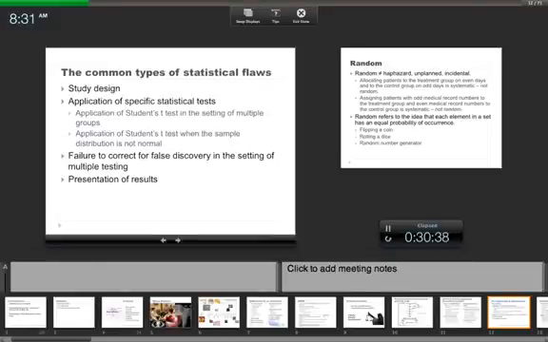So the other thing you're talking about is the null hypothesis. The null hypothesis, when you do the t-test, is that the means of the two groups are not significantly different.